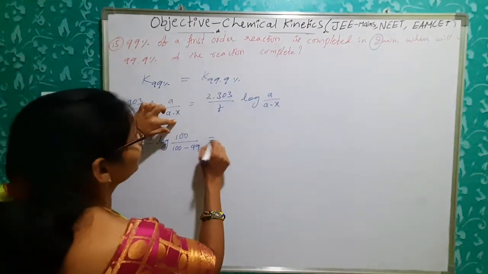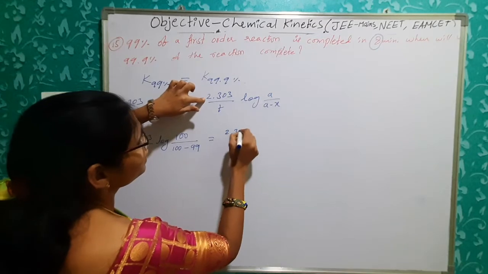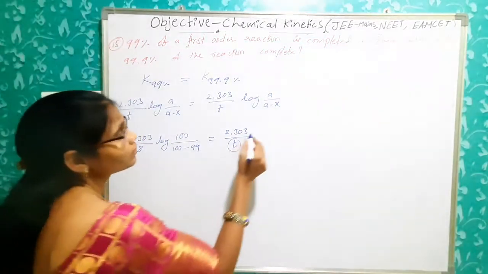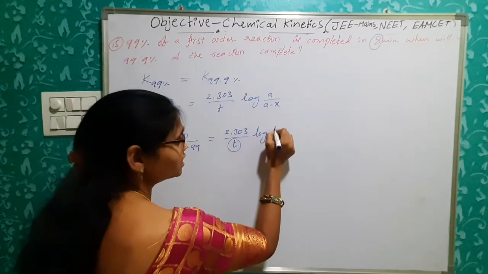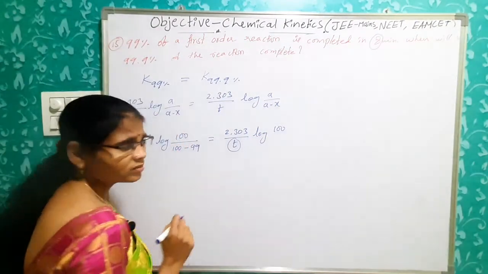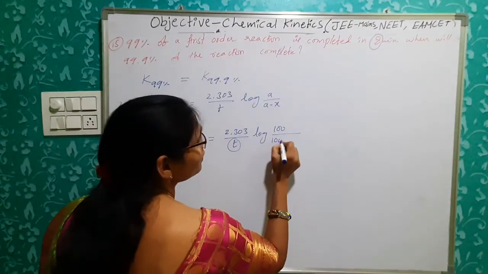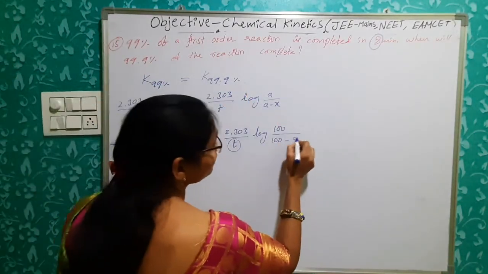Now here, 2.303 by T, we have to calculate this time, log of initial concentration, again 100, by 100 minus 99.9.